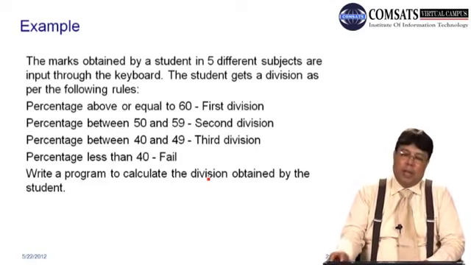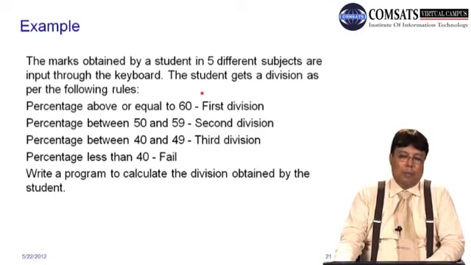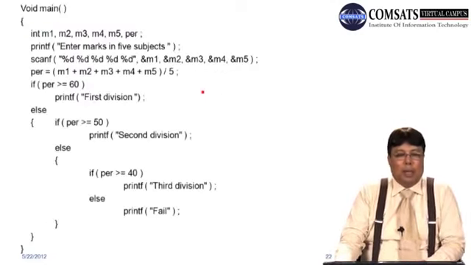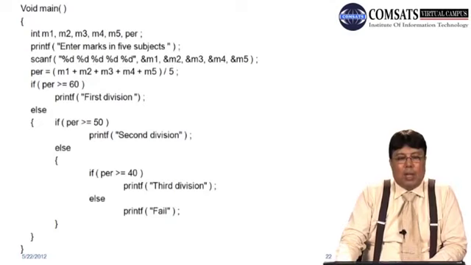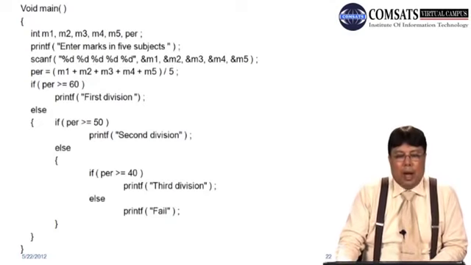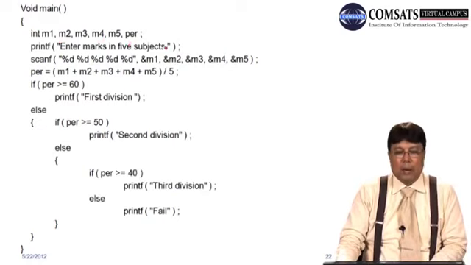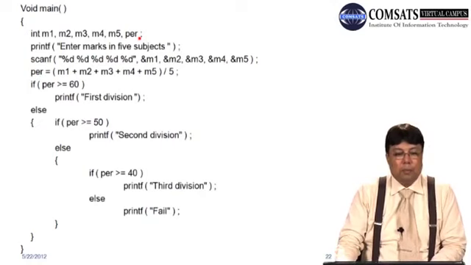Now in this we would like to see how we can write this particular program. First we write the program. Let us define the marks of the students. Let's assume they are integers M1, M2, M3, M4 and M5, and PER is a variable name for percentage.